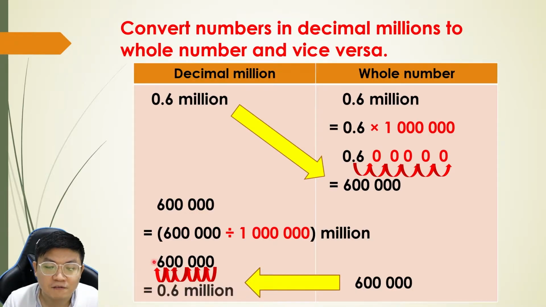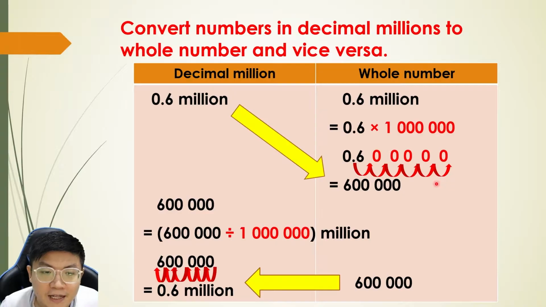Therefore, when you write the final answer, you should write 0.6. Of course, you need the word million. Without the word million, you are wrong. 0.6 million and 0.6 are totally different. So in decimal million, you must have the word million. So this is how you convert.